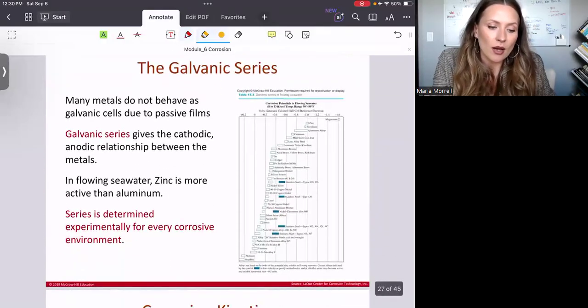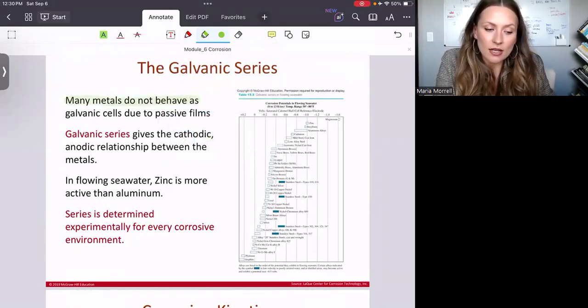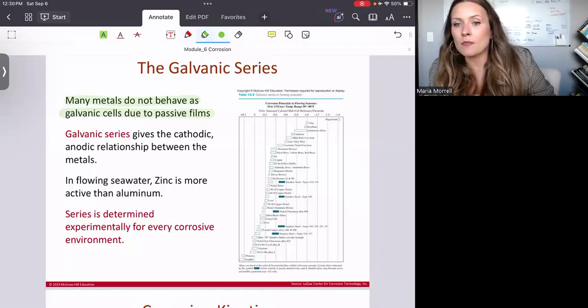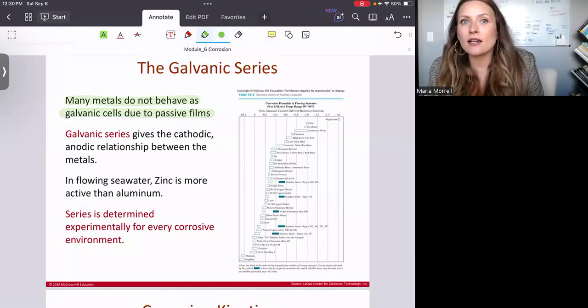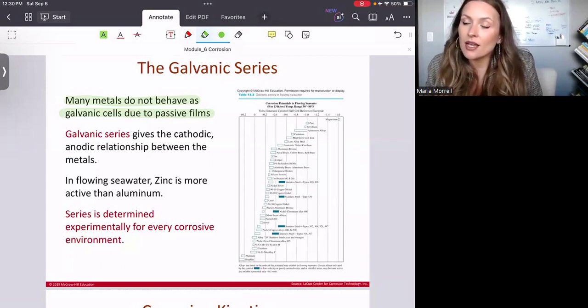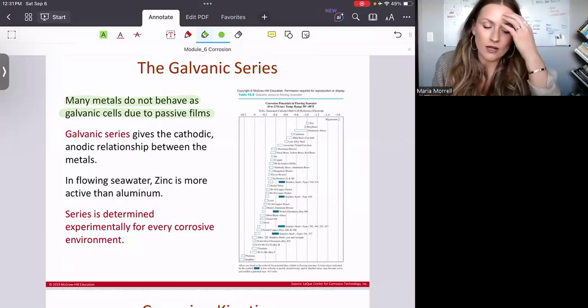Now, many metals do not behave as galvanic cells due to passive films. Meaning that under certain circumstances, the metal will not behave the way you would expect given the environment it exists in.